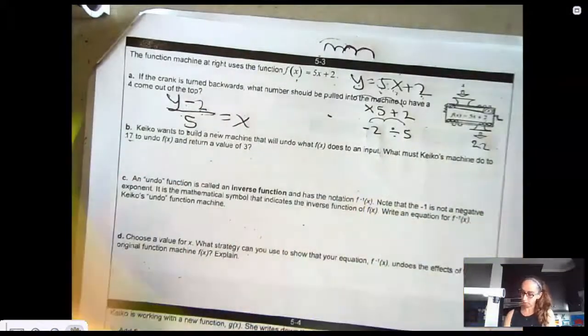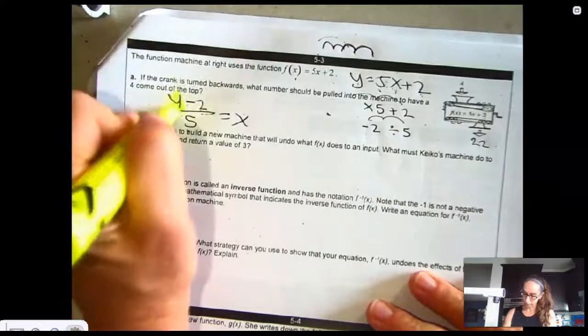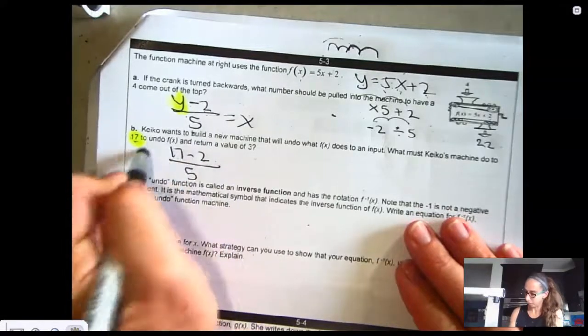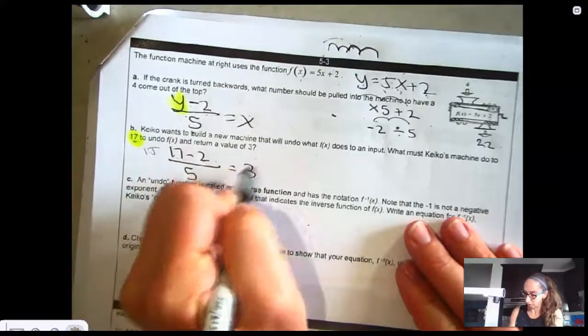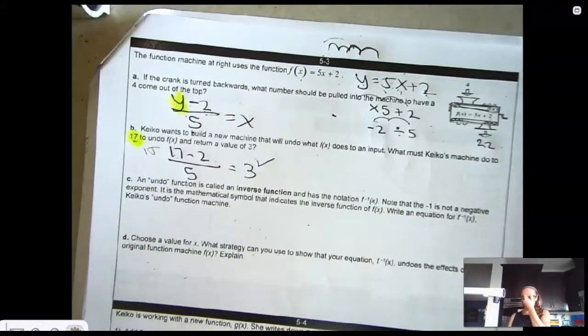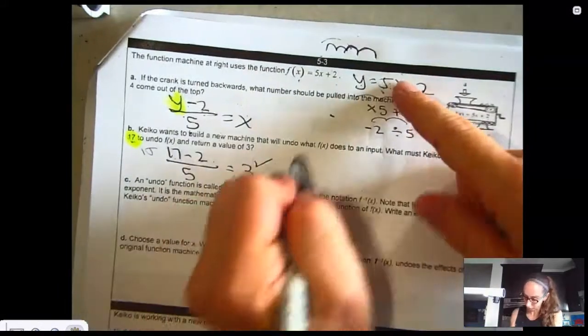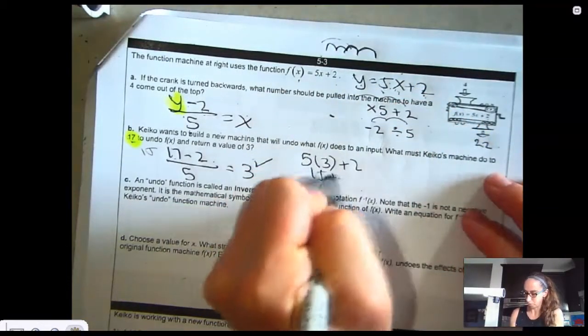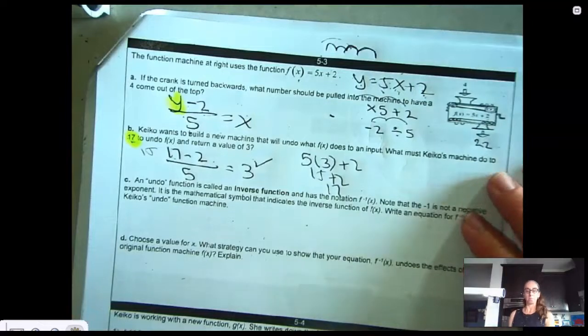Well, if you want to undo it, you're going to put 17 in there. 17 minus 2 over 5. 17 minus 2 is 15, divided by 5 is 3. Oh, all right, that's an undo machine. That means I could do the original machine. Let's see. I multiply it by 5 and add 2. 15 plus 2, 17. Okay?